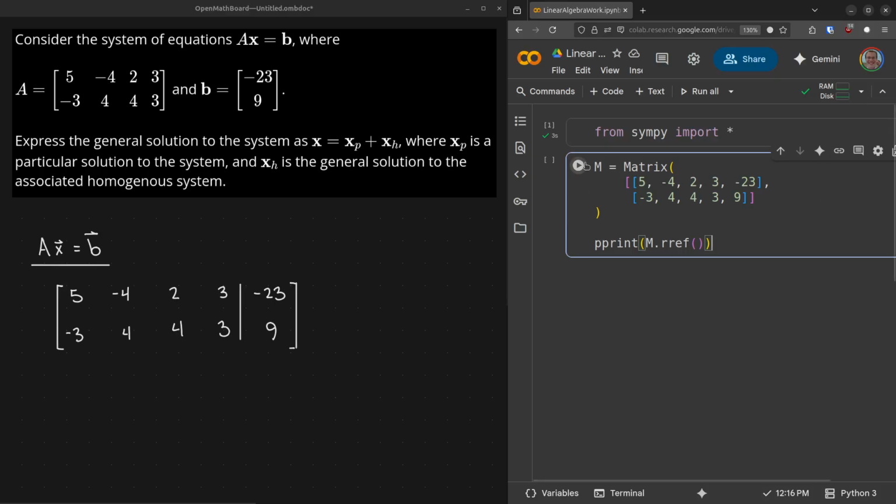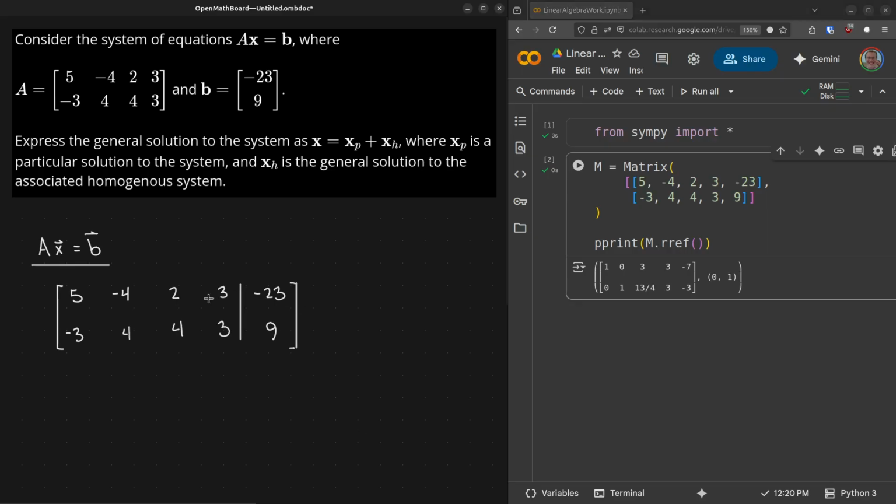And let's get the reduced row echelon form of that. And there we go. Quick and easy. The reduced row echelon form of the matrix is 1, 0, 3, 3, -7. And then row 2 is 0, 1, 13 fourths, 3, -3.